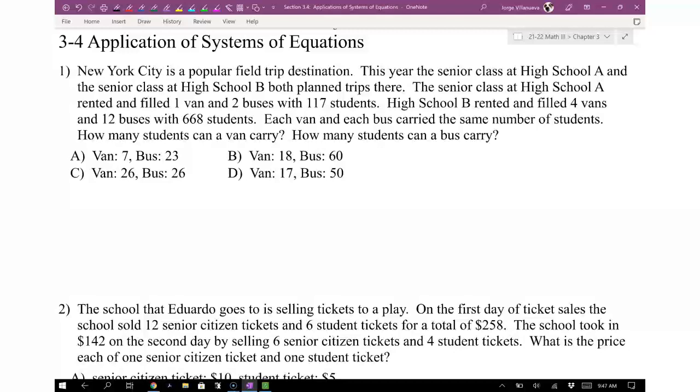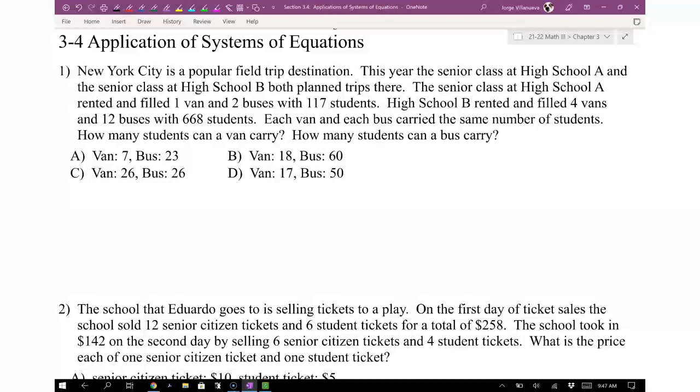The senior class at High School A rented and filled 1 van and 2 buses with 117 students. High School B rented and filled 4 vans and 12 buses with 668 students. Each van and each bus carried the same number of students. How many students can a van carry? How many students can a bus carry?